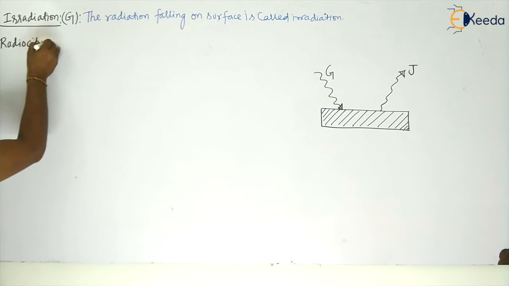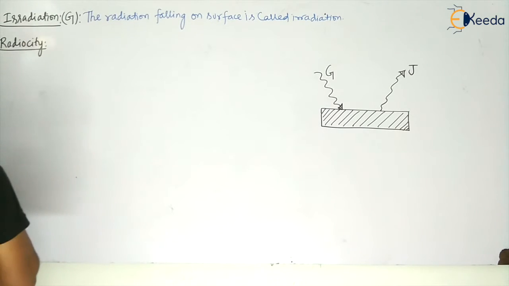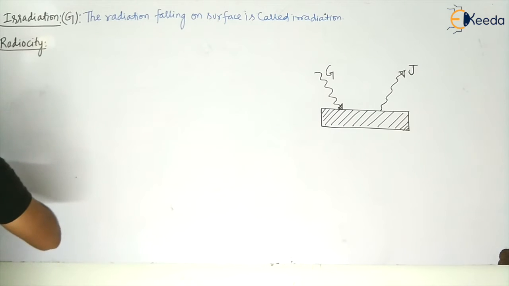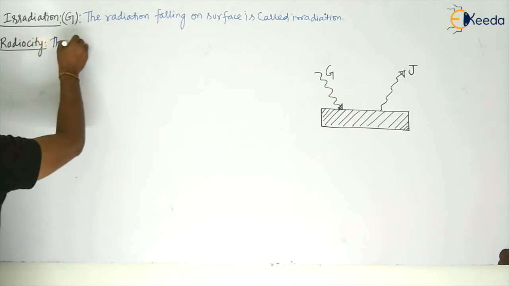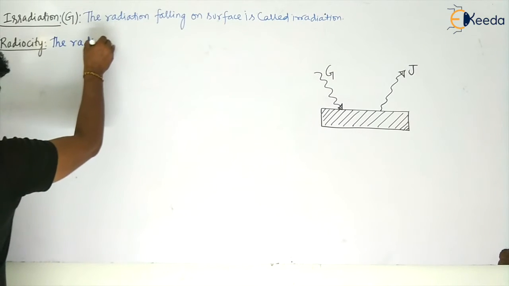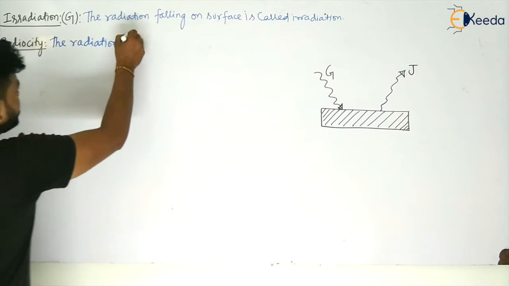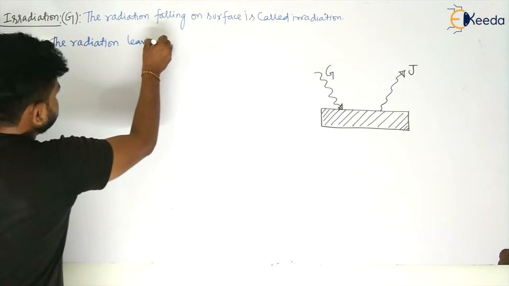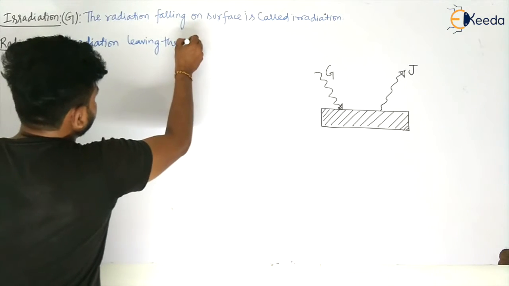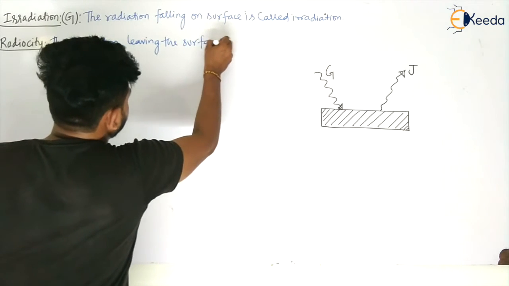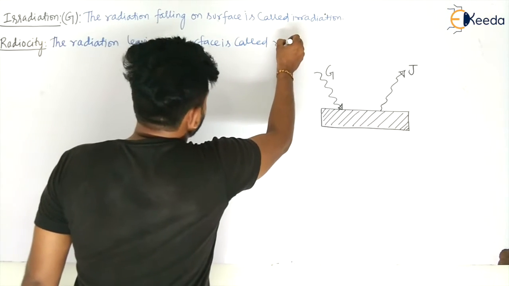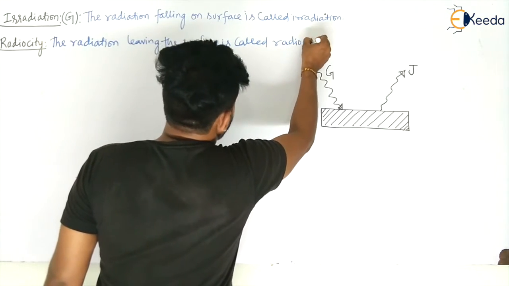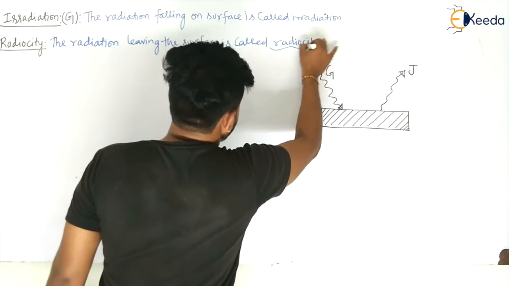So what is radiosity? The radiation leaving the surface is called radiosity.